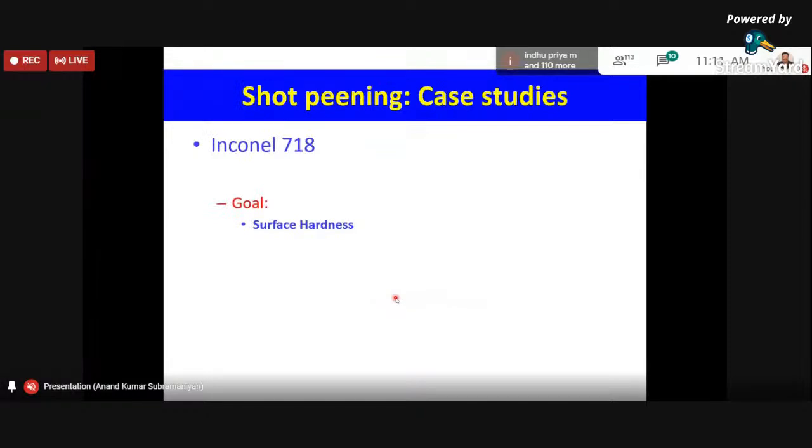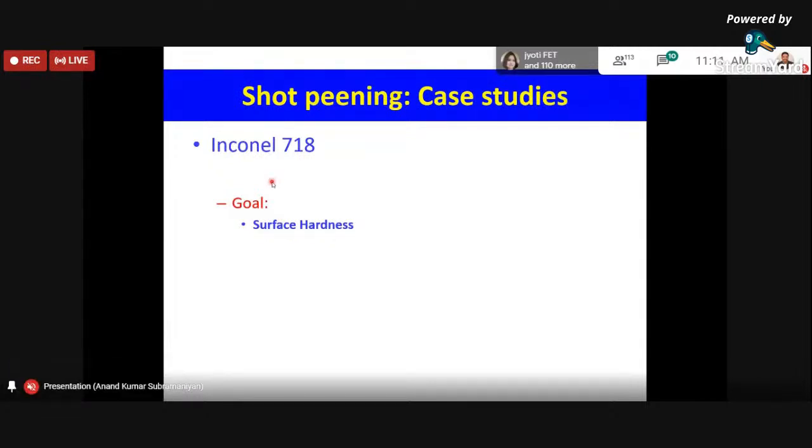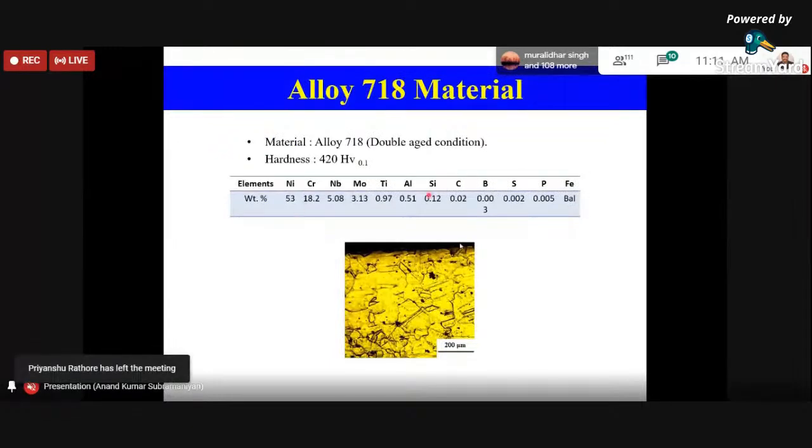And now quickly I'll take you through the case study, primarily for Inconel 718, which is one of the aerospace materials being used. The goal is to increase the surface hardness. You can see the Inconel 718 or alloy 718 material information, chemical composition, and its hardness in the solution-treated condition, and this is the microstructure of that material.